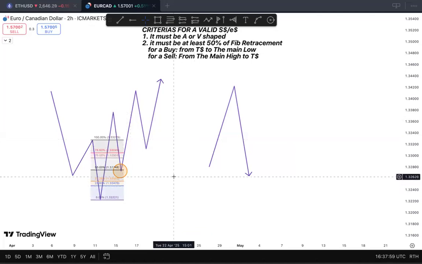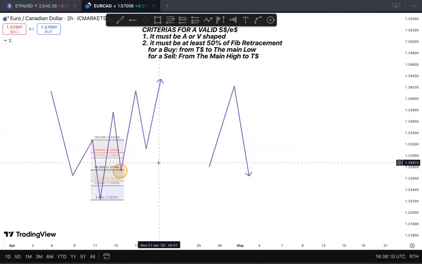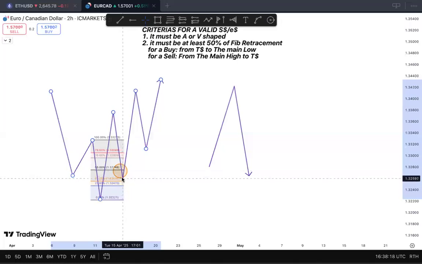So at least it must be at 50% of the fib retracement. Can you see that it's at 50% of the fib retracement? It's either exactly at the fib 50% or below the 50% line, which is the discount zone. If it's at the 50 or at the discount zone, then we can say it's a valid structural liquidity.